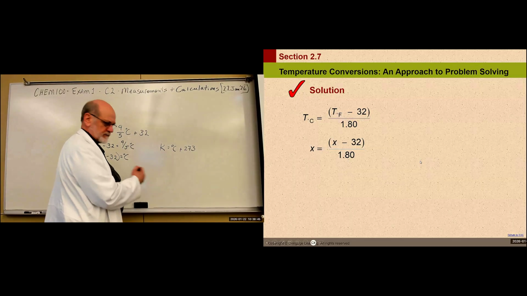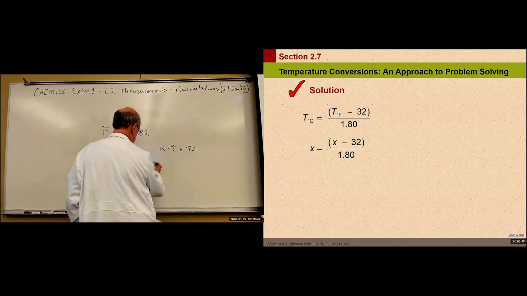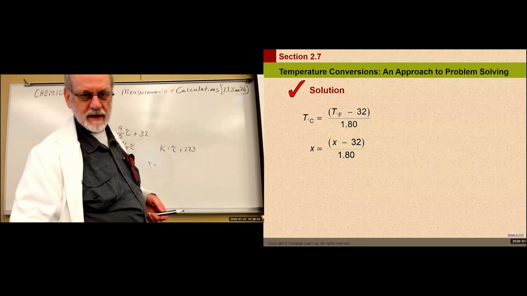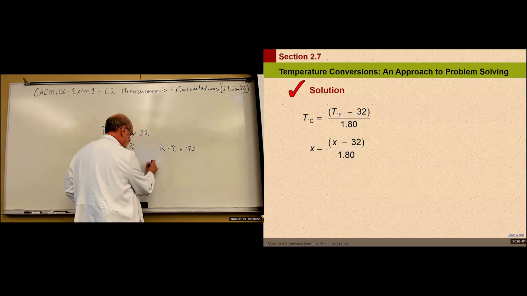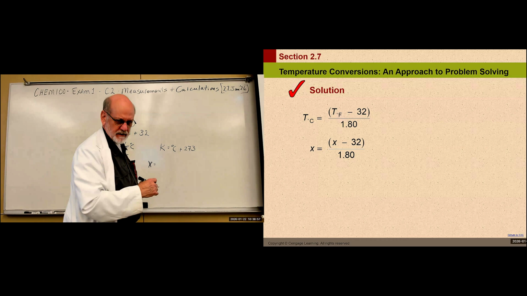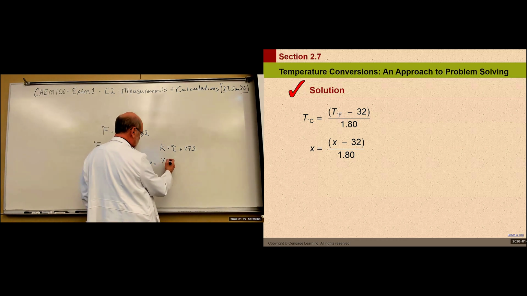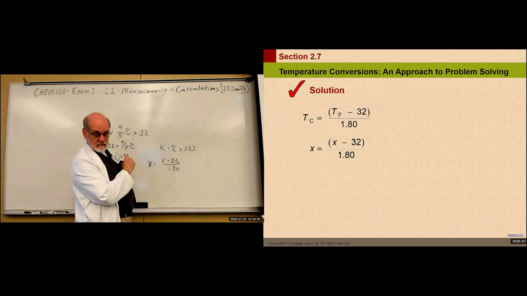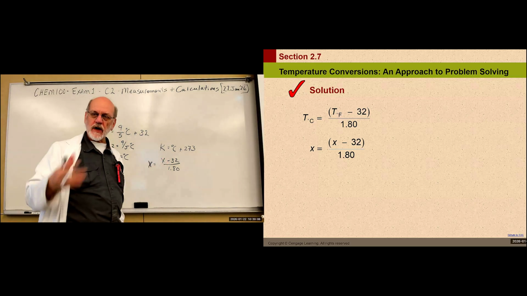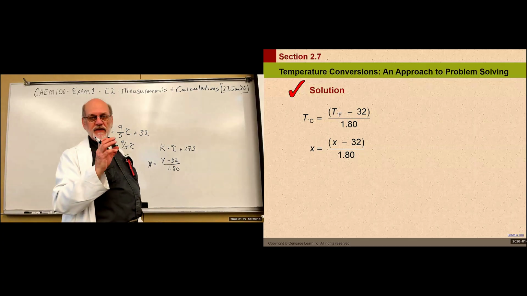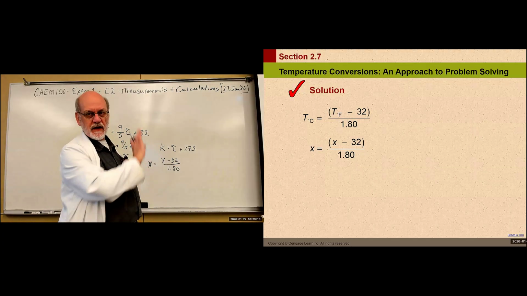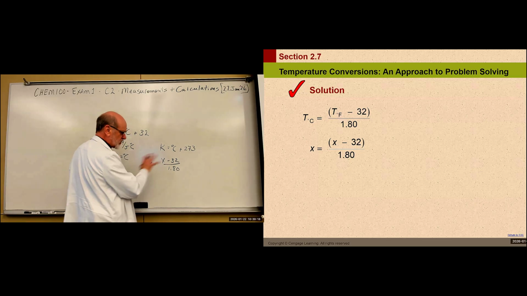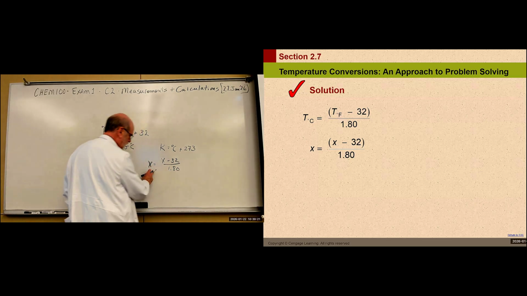I don't know if I've got it animated. Let me see if I do. Nope, sorry. So if you're weak on algebra, this is what it looks like: X equals X minus 32 over 1.8. When we're solving an equation in algebra, you try to get the unknown on one side of the equals and everything else on the other side. So we need to move that 1.8 over here.